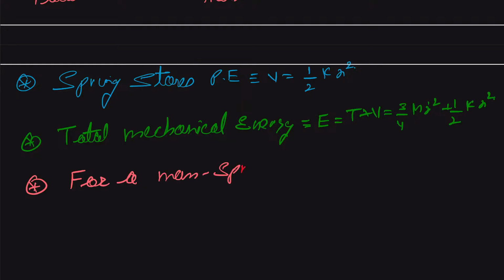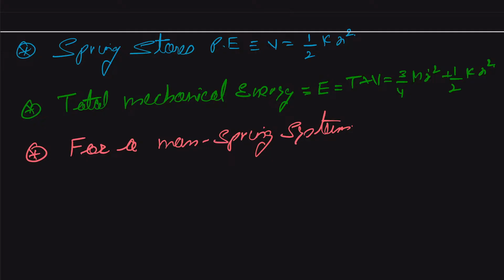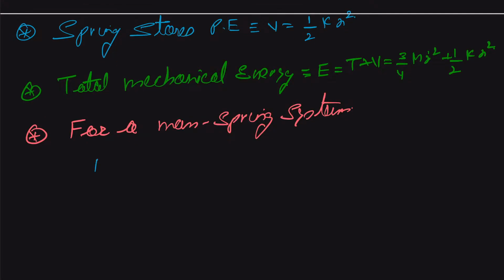The energy associated with a simple harmonic mass spring system, E, is equal to half m effective velocity square plus half k x square.